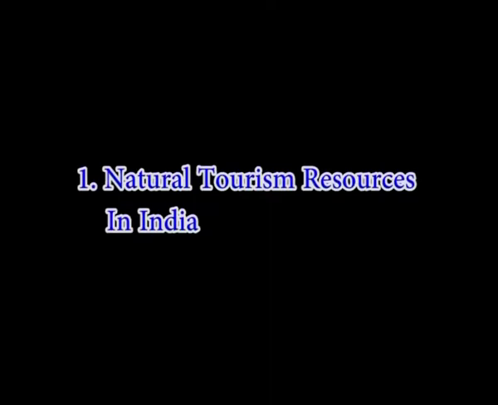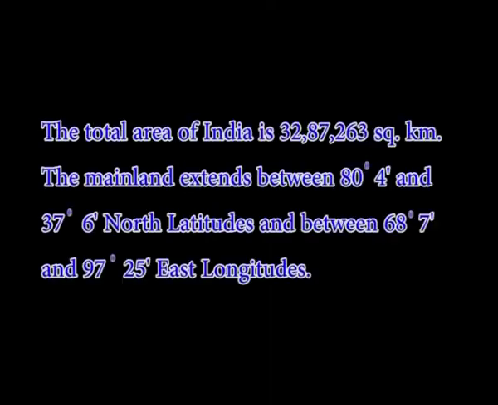Natural tourism resources in India. The total area of India is 32,87,263 square kilometers. The mainland extends between 8 degrees 4 minutes and 37 degrees 6 minutes north latitudes and between 68 degrees 7 minutes and 97 degrees 25 minutes east longitudes.